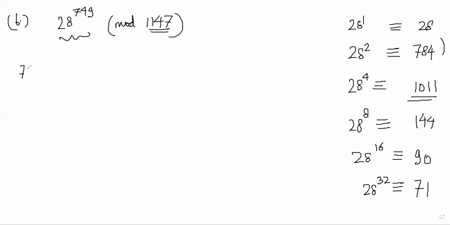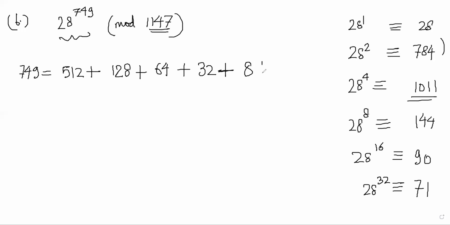749 has to be written as a sum of powers of 2. You'll start off with 512, then 256 doesn't fit, so 128. 512 plus 128 will be 640, and 109 is left. So you will do 64, and 45 is left; then 32, and 13 is left.